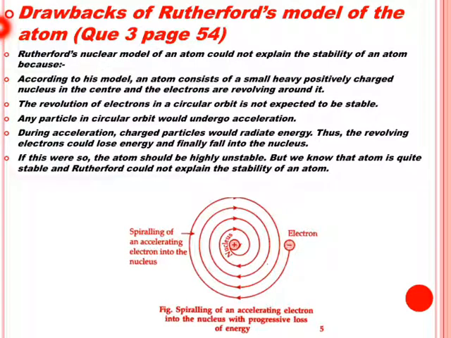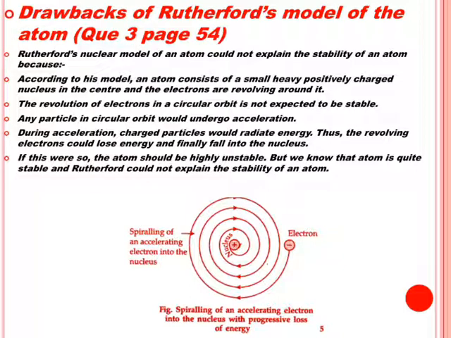Now let us see the drawbacks or limitations of Rutherford's model of an atom. Students, this is an important question and it is asked in the exercise part of this chapter as question number 3 on page number 54.